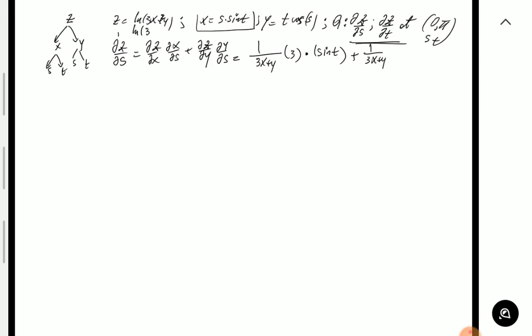So 1 over 3x plus 2y, partial y of that is 2. And then partial y, partial s, which is minus t sine of s.